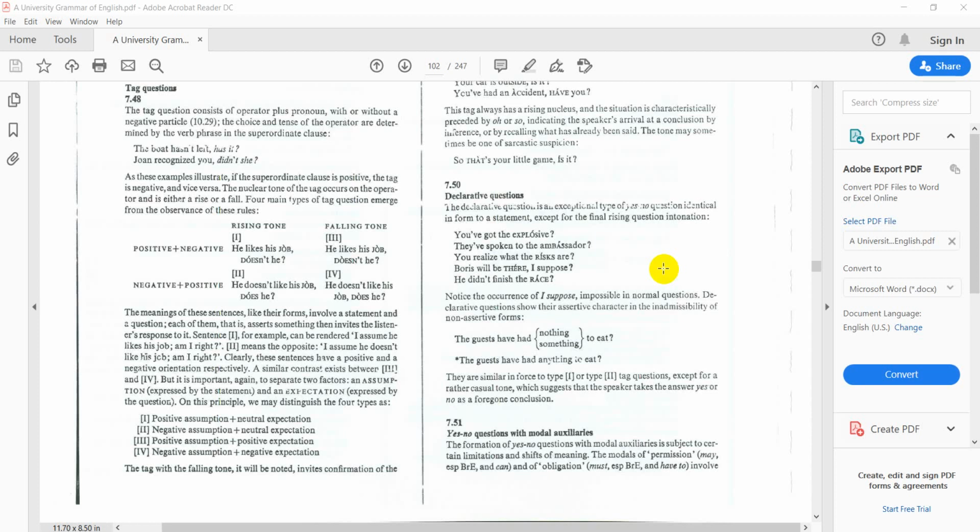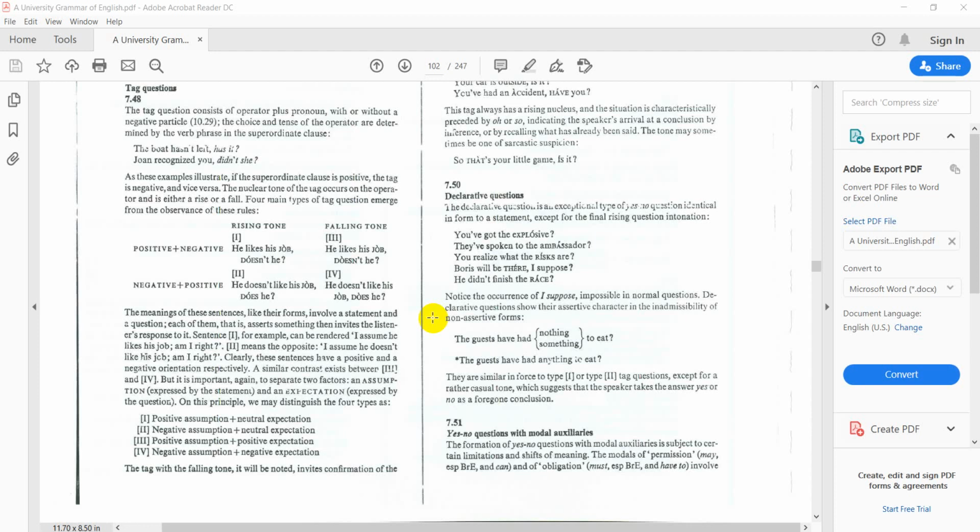Notice the occurrence of I suppose, impossible in normal questions, as I told you. Declarative questions show their assertive character and the inadmissibility of non-assertive forms.